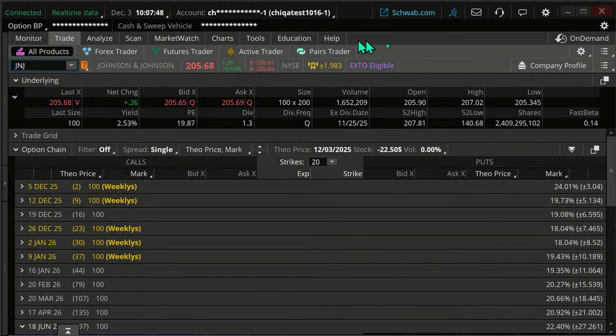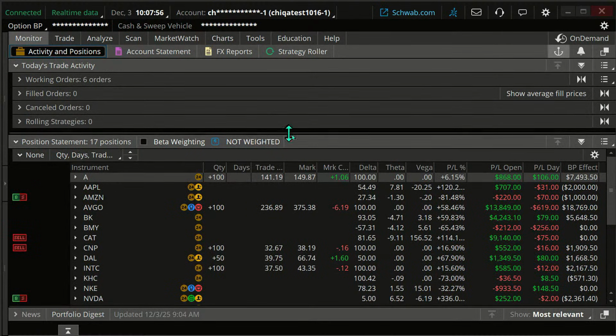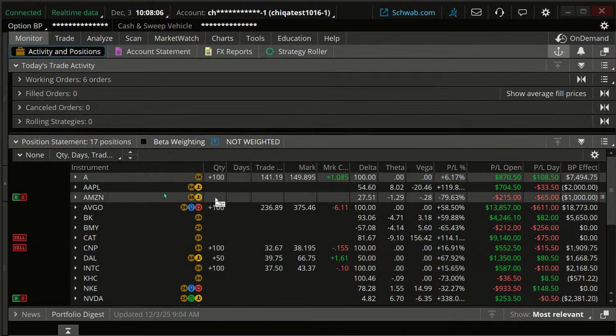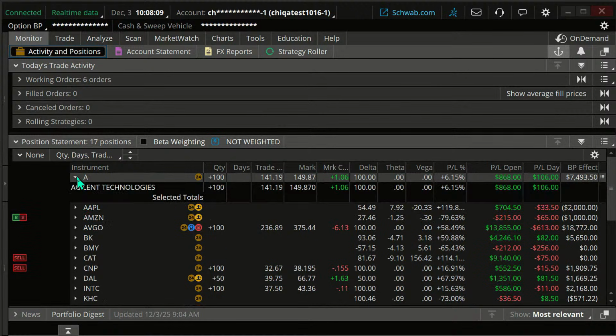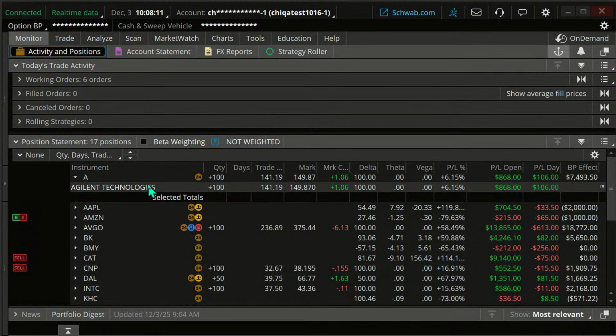The second concept is one we discussed last week, and that is how much an individual position is going to move in relationship to a move in the underlying stock. So I have a delta column here. This is Allegiant, okay? I have 100 shares of Allegiant.